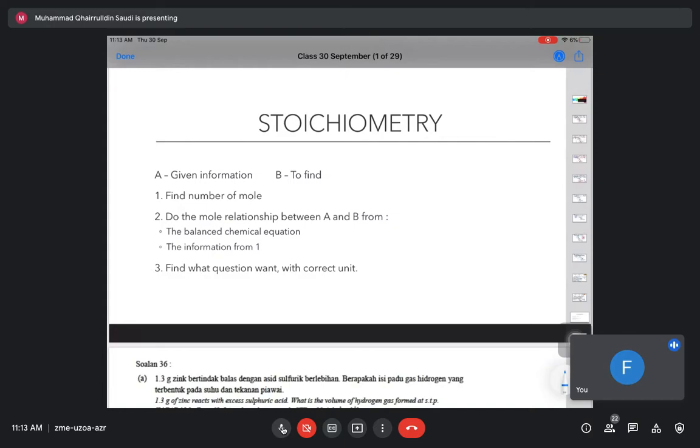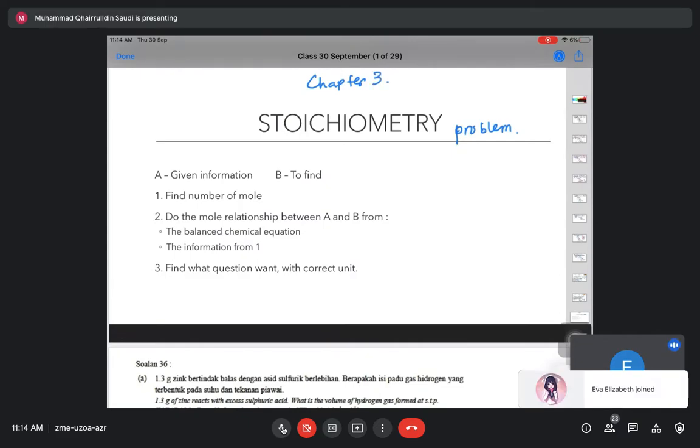Okay, this question 36 is actually a stoichiometry problem. Where do you find the word stoichiometry before? In chapter what? Chapter 3.